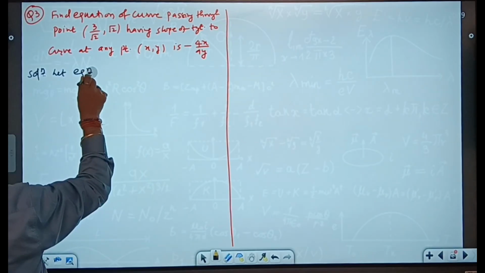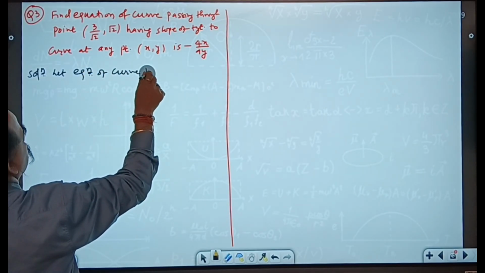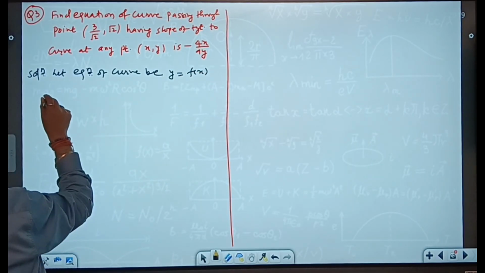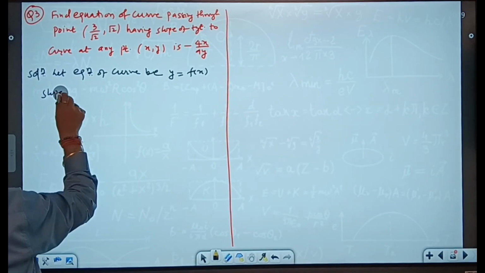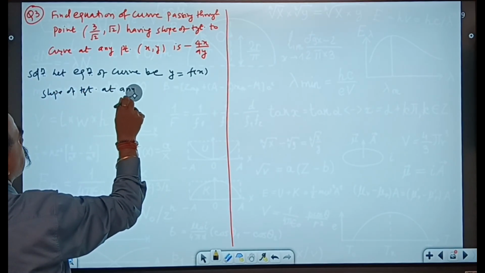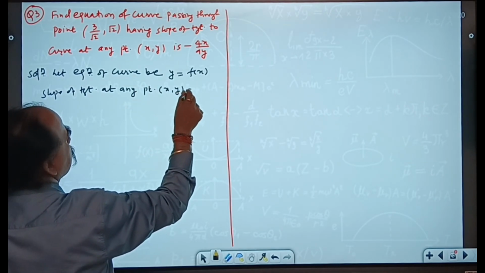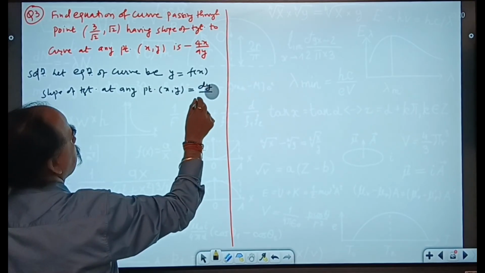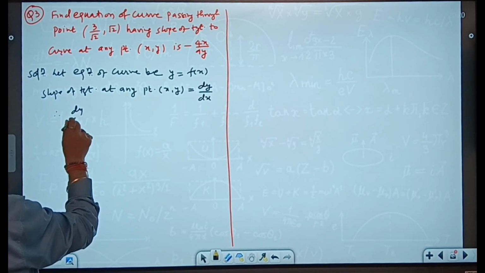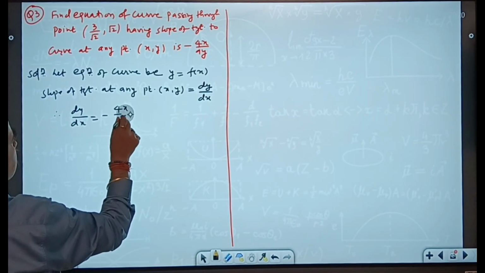Let the equation of the curve be y is equal to f x. Slope of tangent at any point x comma y is equal to dy by dx. So dy by dx is given to be minus 4x upon 9y.